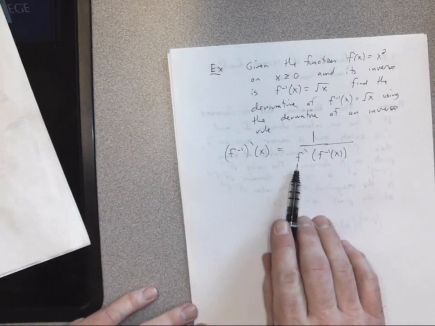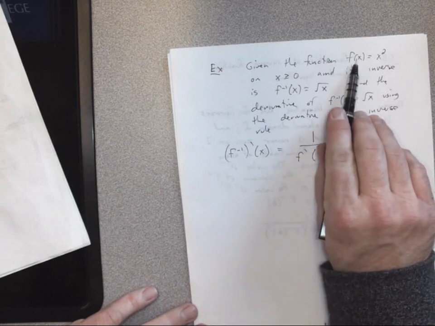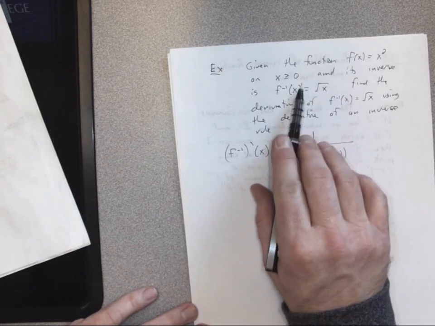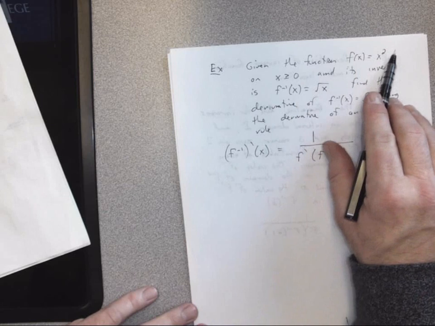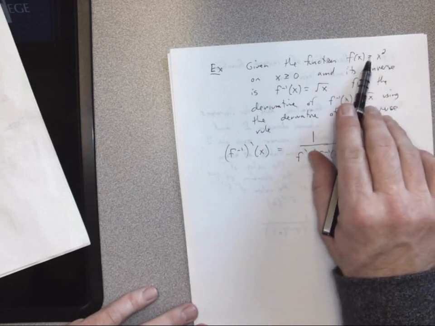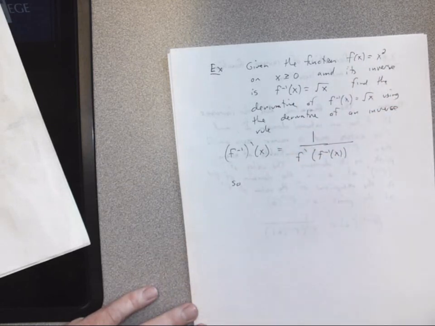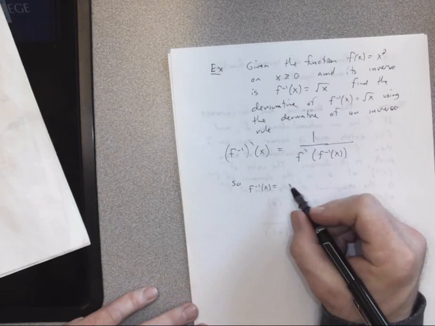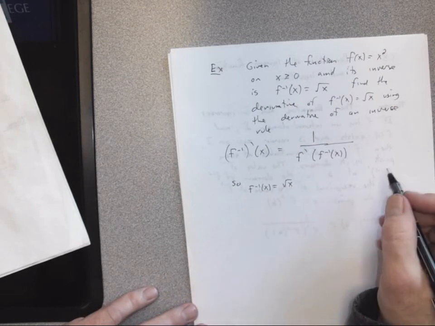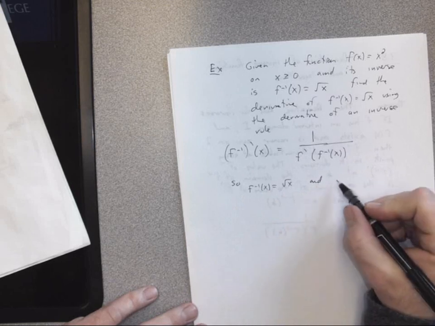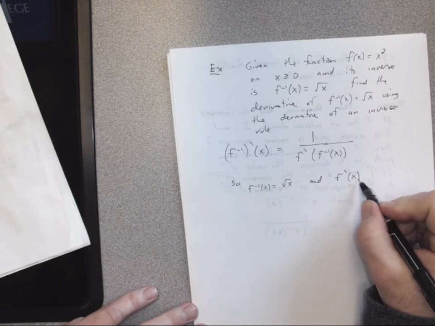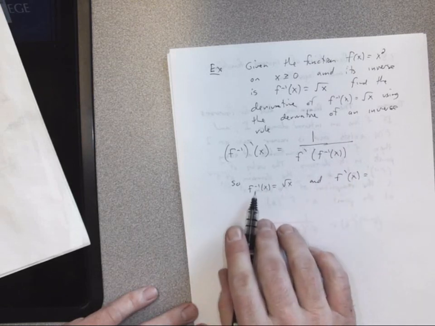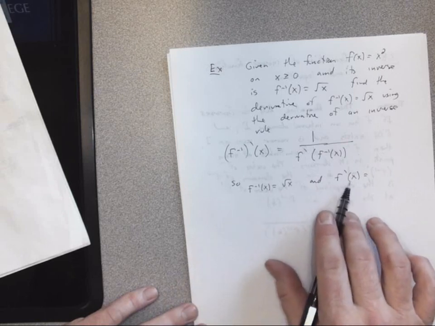So this f is actually this function here. So in order to find the derivative of this root function, we're going to use this function here. So just making a list of everything: we know f inverse of x is equal to the square root of x. And f prime of x, remember that I'm not talking about the derivative of the root, we're talking about the f function.